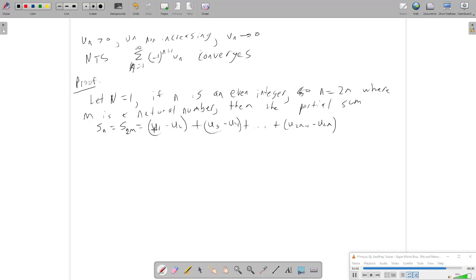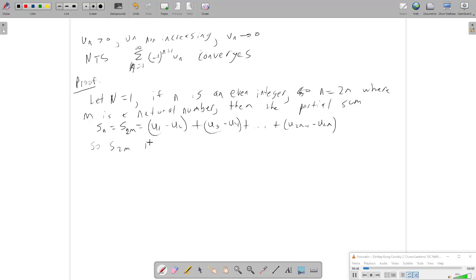Now note, since we started off with a positive term, when n equals 1, that'll be negative 1 squared, these are all positive numbers, because remember, u sub n is non-increasing, so this has to be either smaller in value or equal to the previous term. So if I do their subtraction, I have to get a non-negative value.